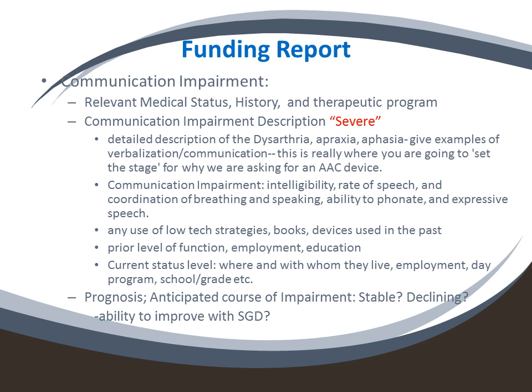So communication impairment. You want to make sure that the medical status that you're reporting on is relevant, and that you're talking about their history, their therapeutic program. The communication impairment description has to say severe, okay? It doesn't matter what the communication impairment is, if it's apraxia or aphasia or dysarthria. You want to make sure that you're stating that it's severe. Now, remember, it's the communication impairment that you're talking about being severe. Severe does not only mean intelligibility.